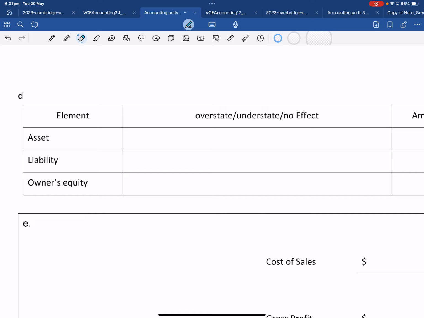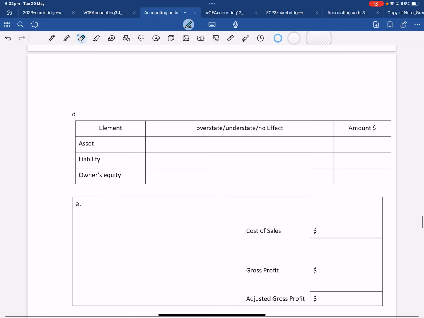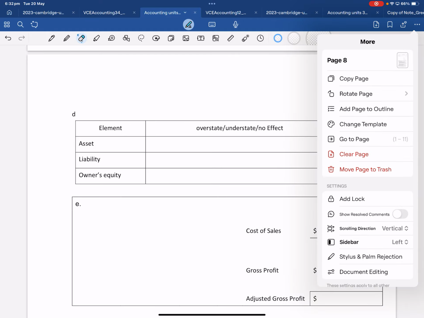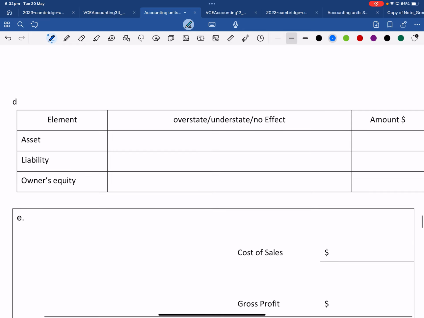Okay, guys, let's try. Assets. There's only one asset, guys.